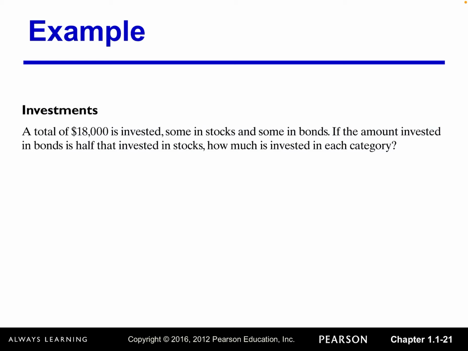That's the first sentence. And then, if the amount invested in bonds is half that invested in stocks, it asks you how much is invested in each category. So this is the question, right?